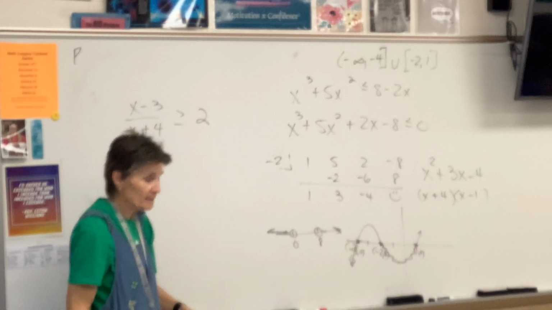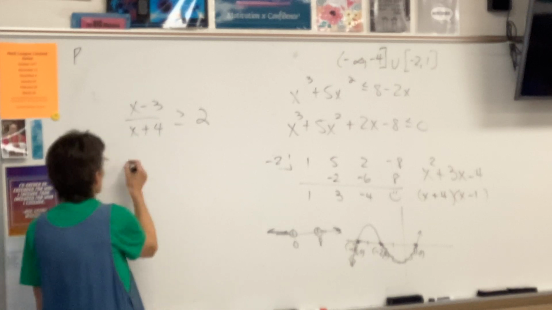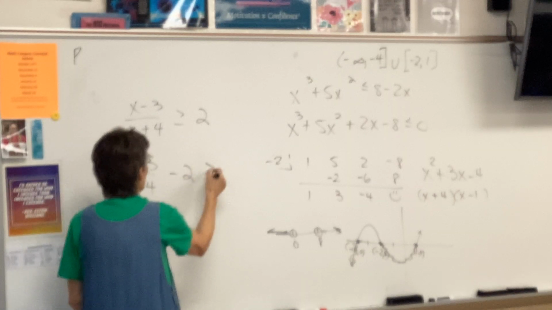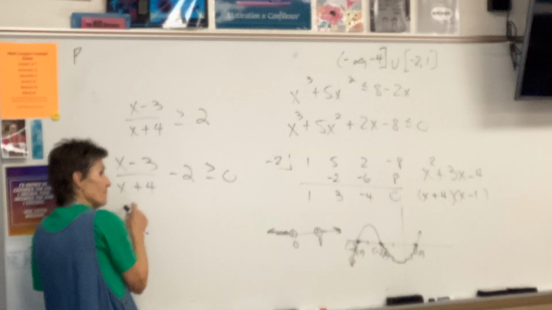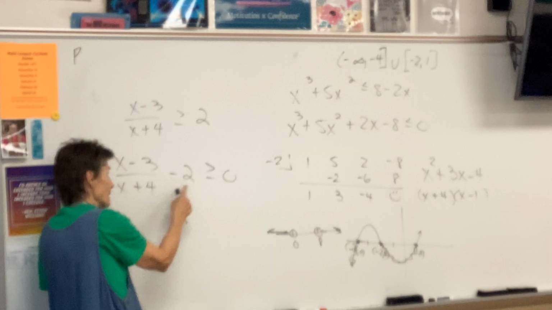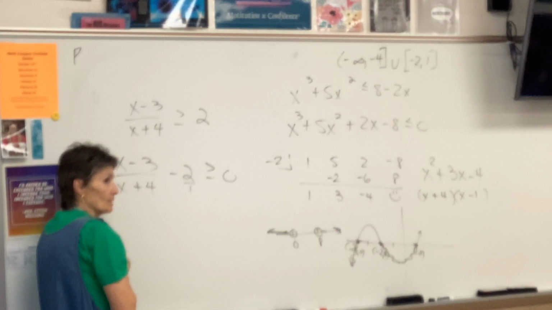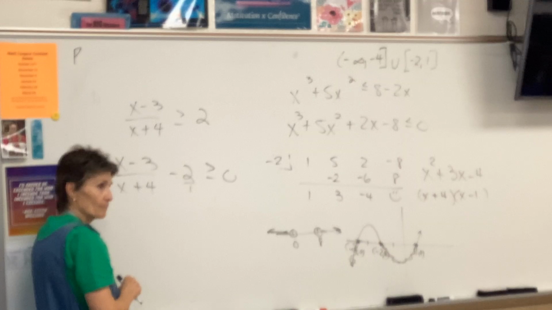It was kind of a common theme. Now you get a 0. This one's a little bit different though, because when I subtract the 2, now I have a fraction minus 2. So I really have a fraction minus another fraction.